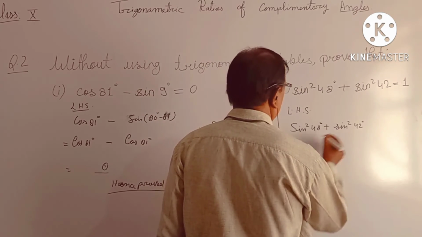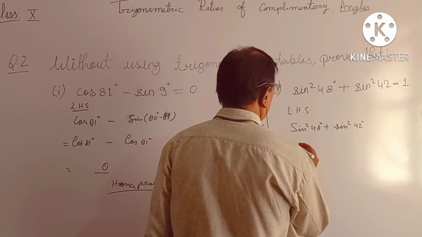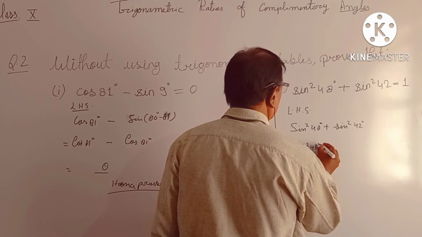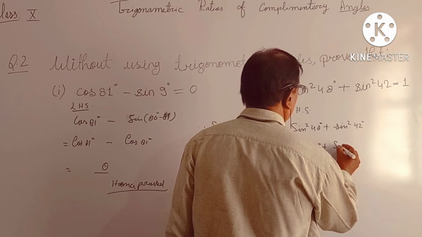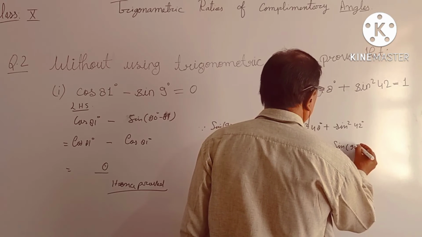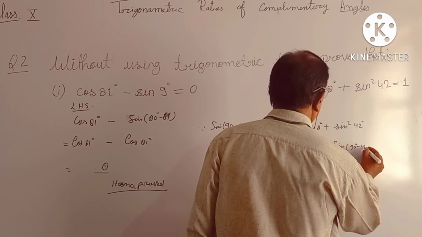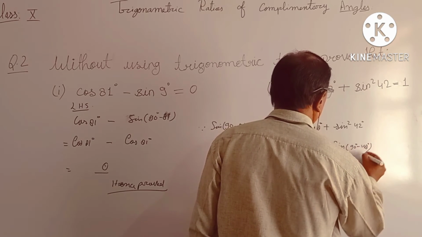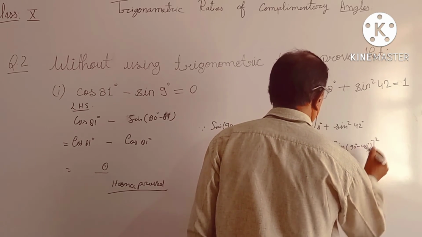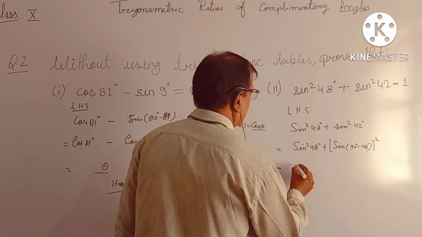So change the second one: sin square 48 degree plus sin 90 minus 48, it will be 42, as square.